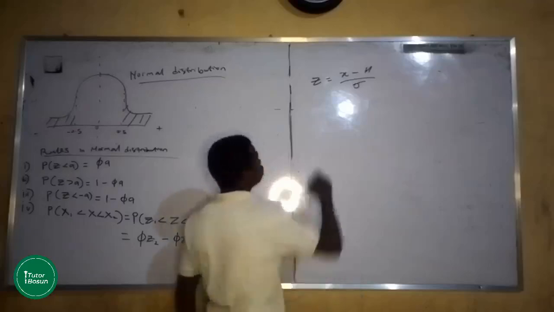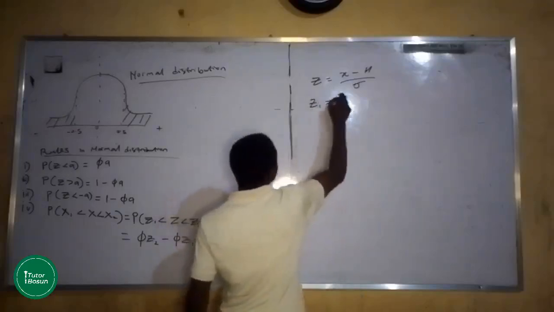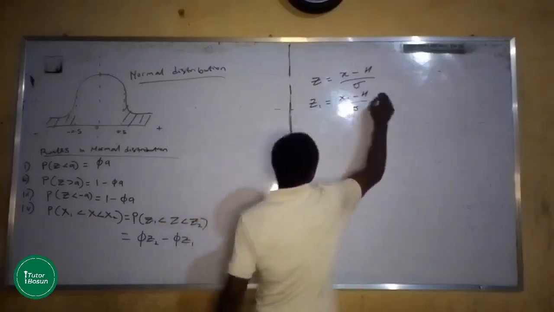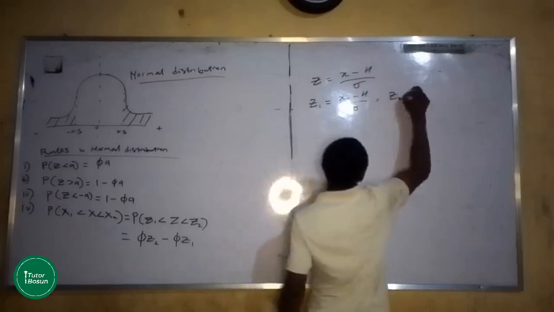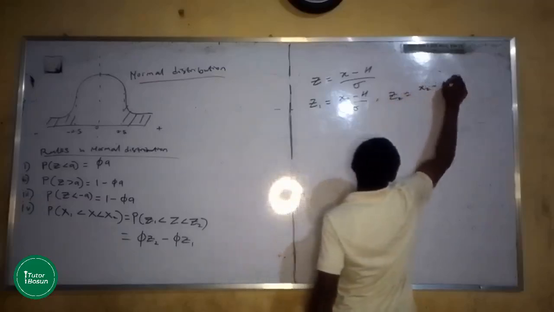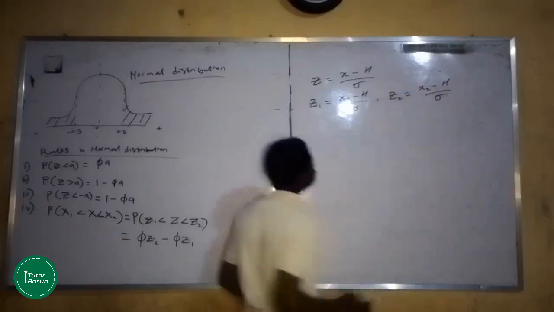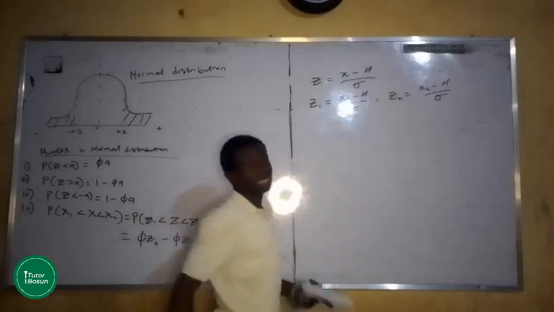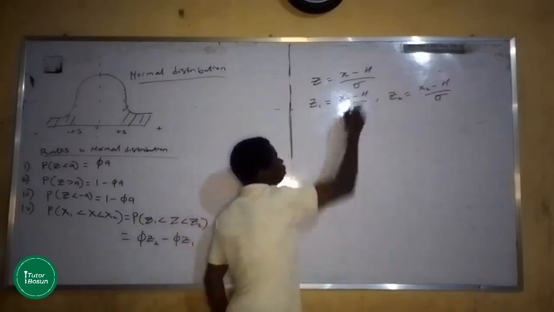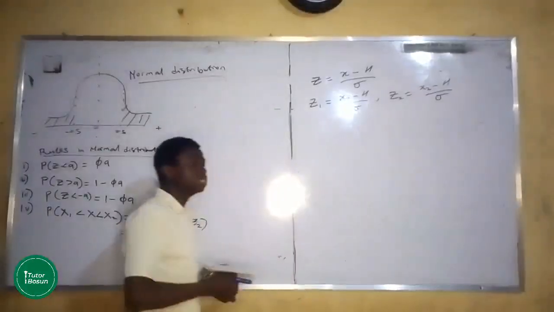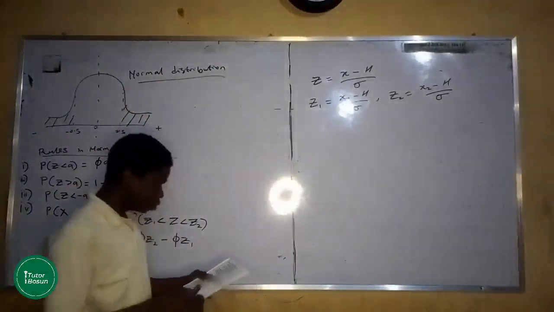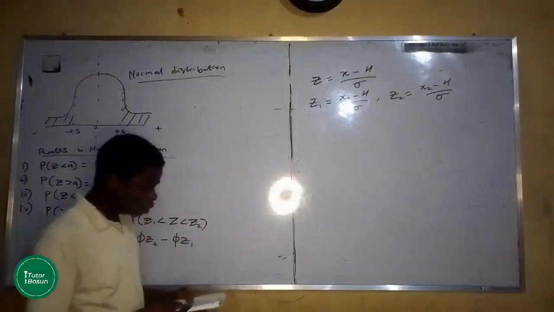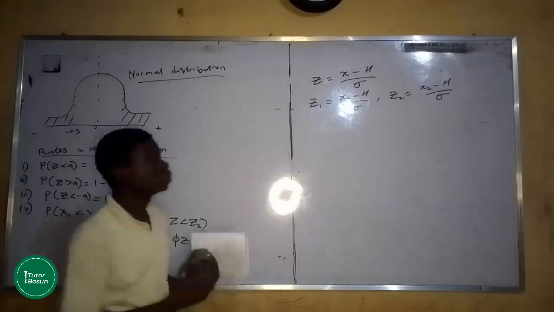So if you have z1, your z1 will be x1 minus mu over sigma, and your z2 will be x2 minus mu over sigma. It is still the same mu and the same standard deviation. Standard deviation is sigma, while your mu is mu. So without wasting much of our time, let's solve an example on normal distribution.